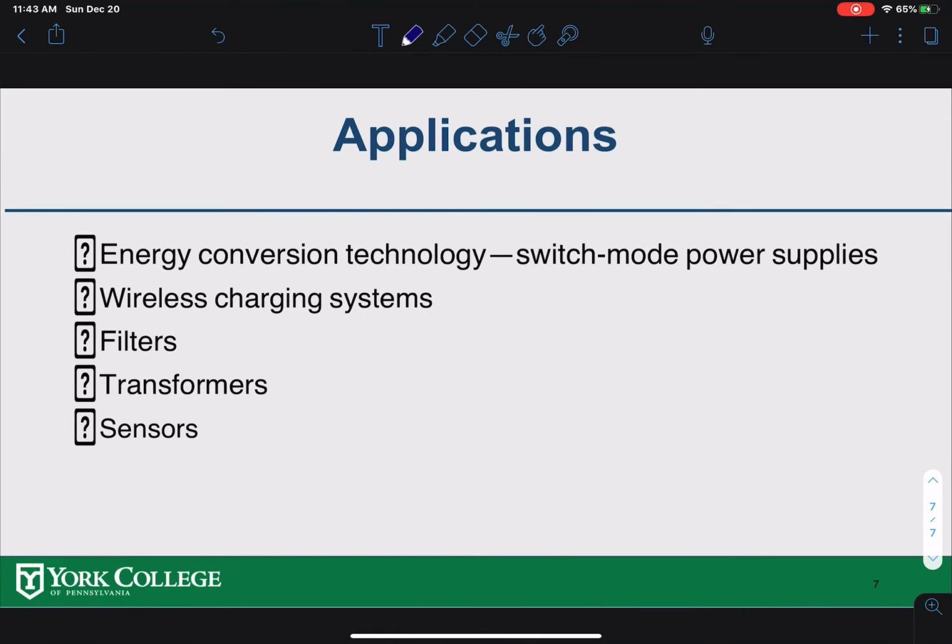And where do we use inductors? Any power conversion circuit, like DC-DC conversion or AC-DC conversion, needs a combination of capacitor and inductor. Wireless charging, basically you're inducing voltage, also has an inductor in there. You can make frequency filters using inductors.